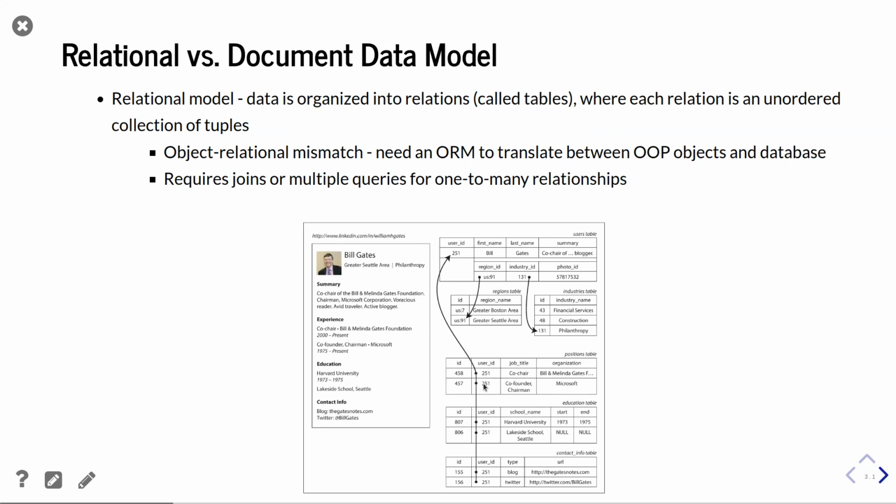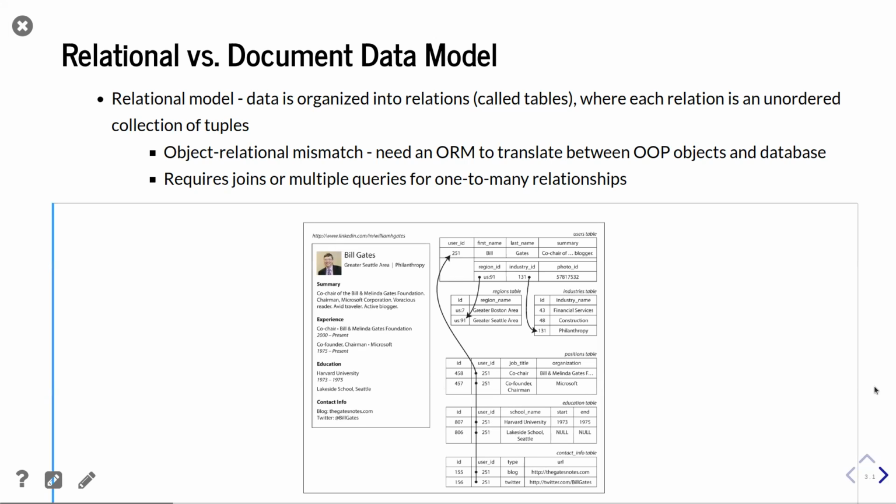If we want to collect their resume, we will join the users table with the positions table, their education from the education table, and their contact information from the contact info table. Now, we could either join these tables to get user 251's information, or we could read user 251 and then create multiple queries to get their information about positions and educations and so on.